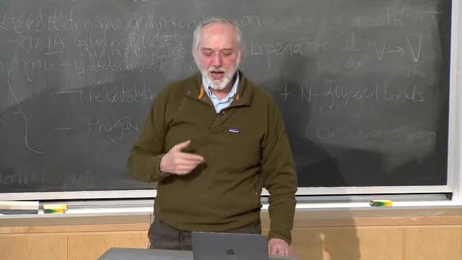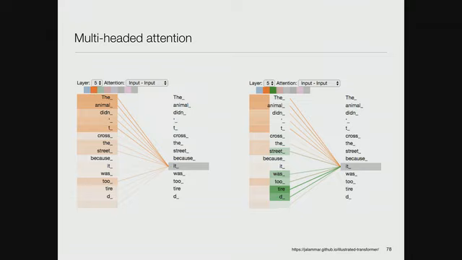So what you get out of the multi-head attention mechanism is that here is one attention machine. And for example, the colors here indicate the degree to which the encoding of the word it depends on the other words in the sentence. And you see that it's focused on the animal, which makes sense because it, in fact, is referring to the animal in this sentence.